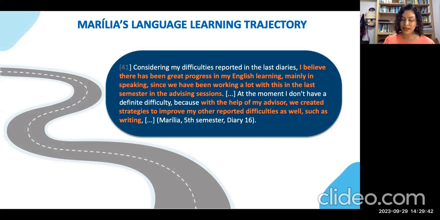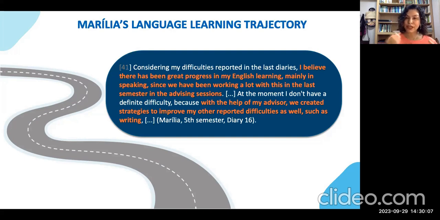"At the moment, I don't have a definite difficulty because with the help of my advisor, we created strategies to improve my reported difficulties as well, such as writing." So here, this is a new moment of change, and we notice the dynamicity is back in her autonomy trajectory.